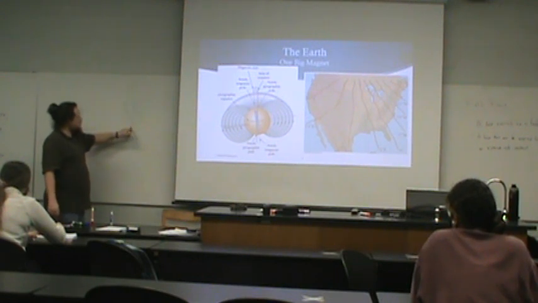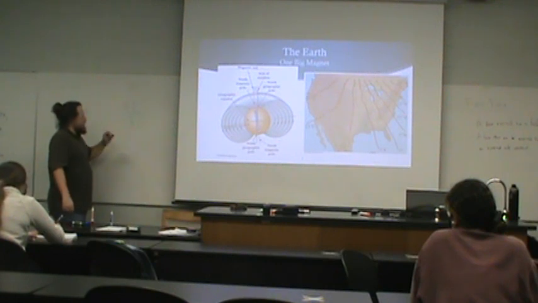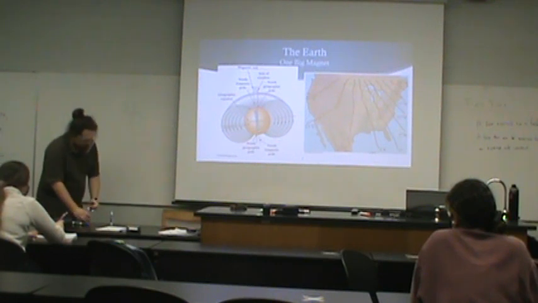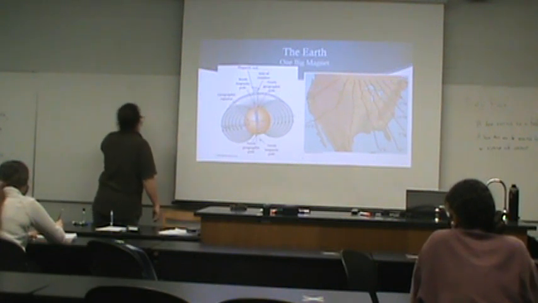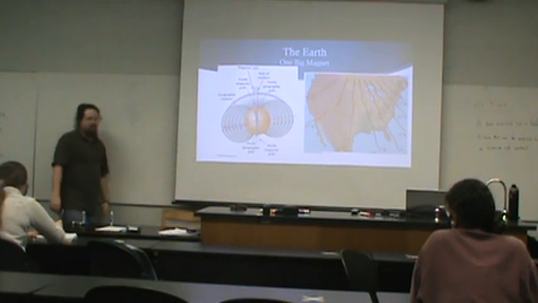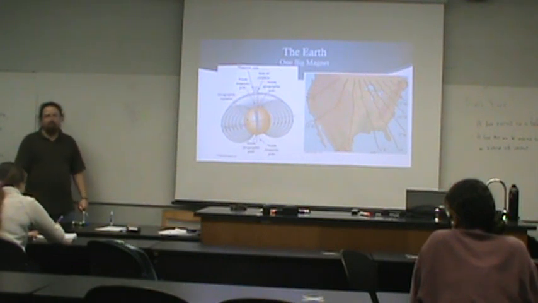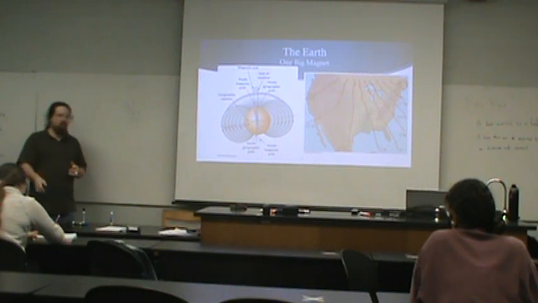So Santa lives here, penguins live here, and Earth's magnetic field is produced as if there was a giant bar magnet inside of the planet tilted like this. This is a bit of an extreme exaggeration. It's a little more vertical than that, but I want to get the point across. The Earth's magnetic field is tilted.